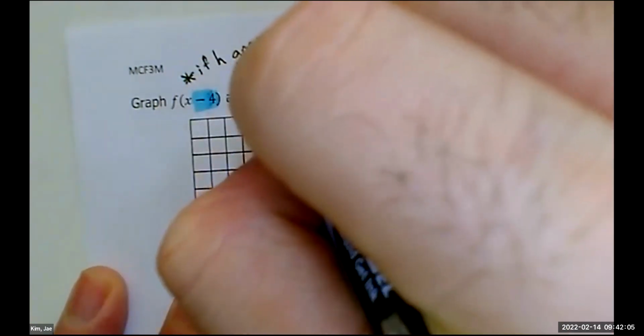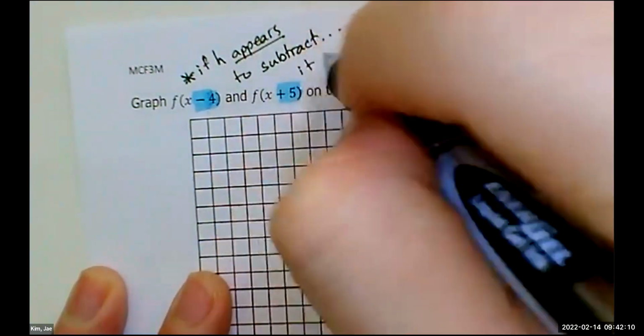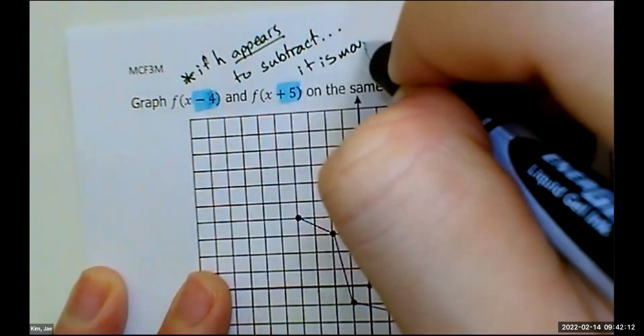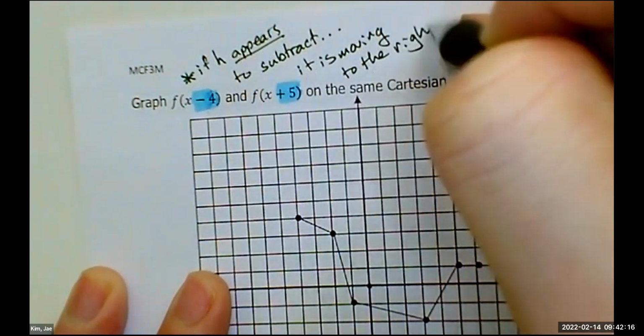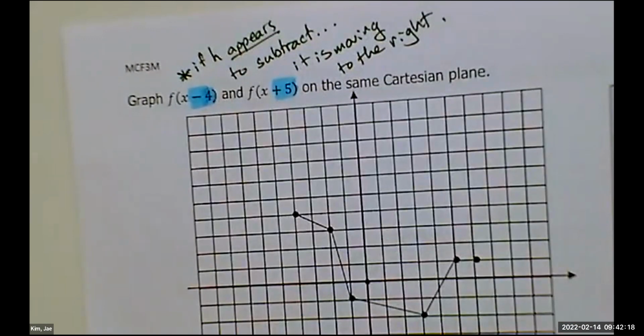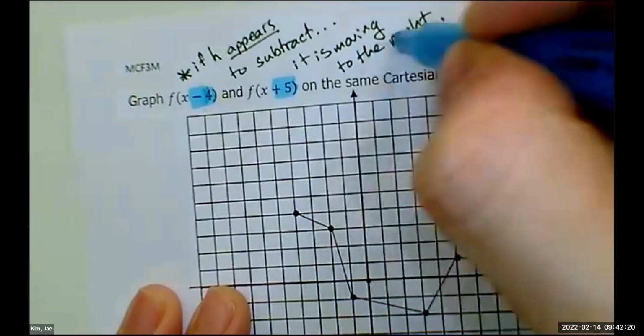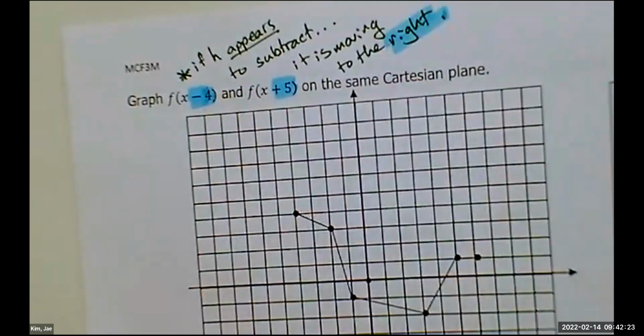So I'll write this. If h appears to subtract, it is moving to the right. And vice versa.